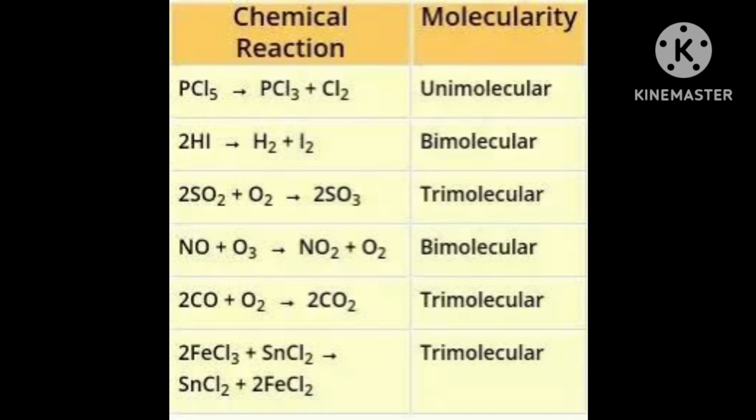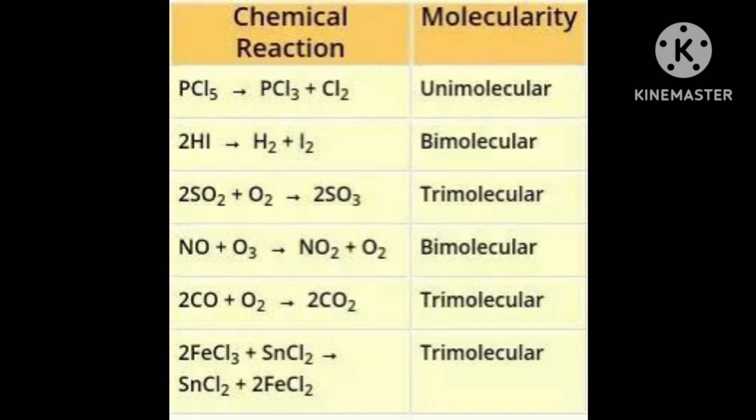And here I want to tell you one more term, that is molecularity. Molecularity of a reaction. Sometimes what will happen, a reaction may take place in one step. Sometimes it may take place in many steps, 3 steps, 4 steps.